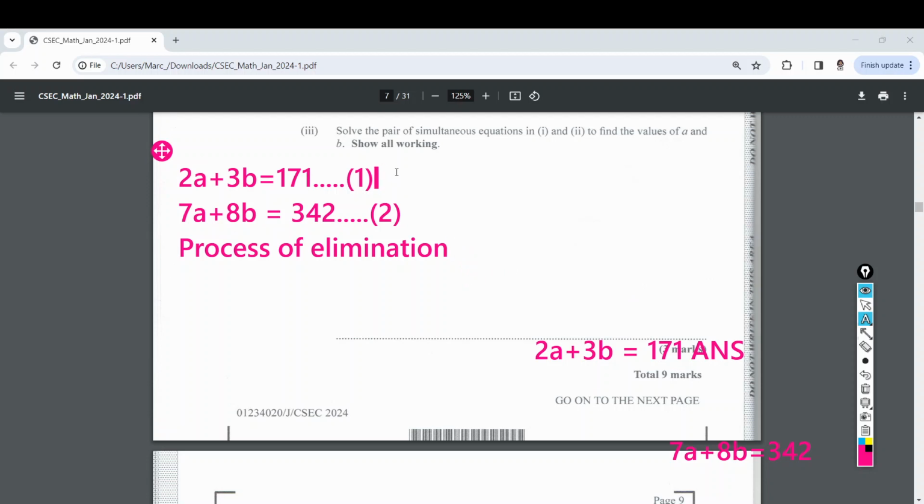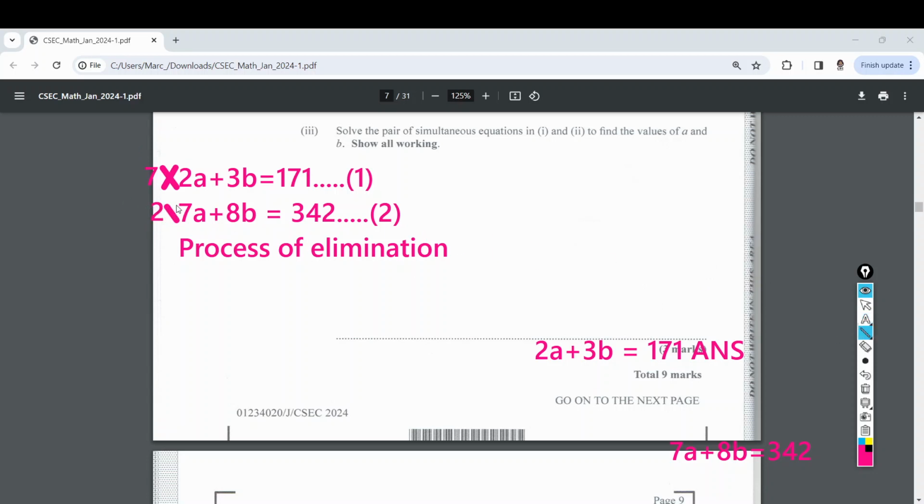So for the process of elimination, guys, I'm going to use the x coefficient, and we need to multiply everything in this line by 7, and we need to multiply everything in this line by 2.